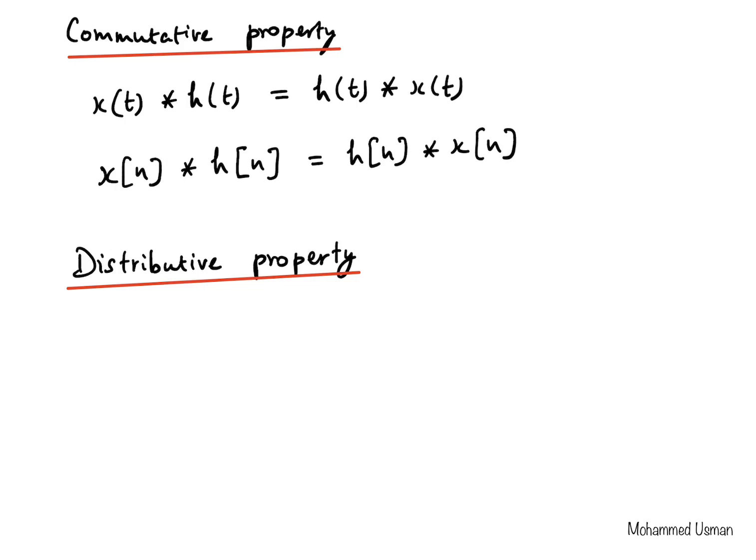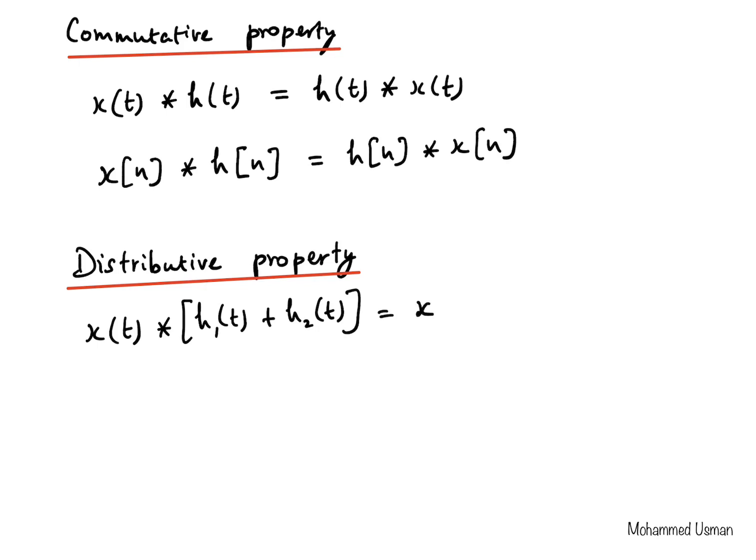So the distributive property is basically saying, I'll write it in the continuous time case first. Suppose we have an input signal x of t convolved with h1 of t plus h2 of t. Okay, so it is convolution with the sum of h1 of t and h2 of t.